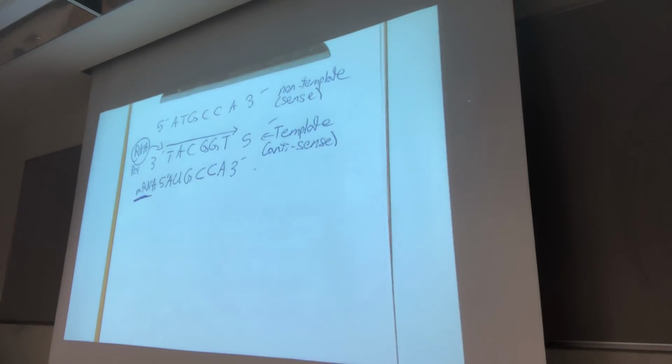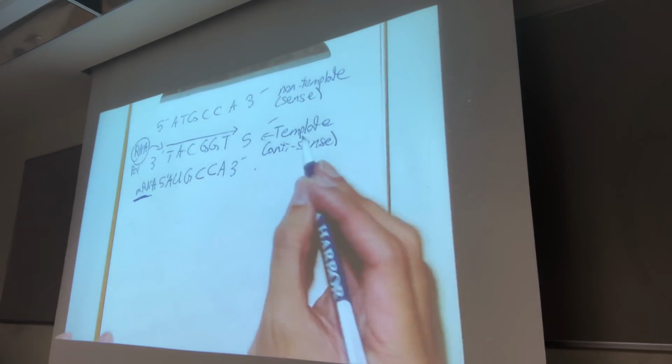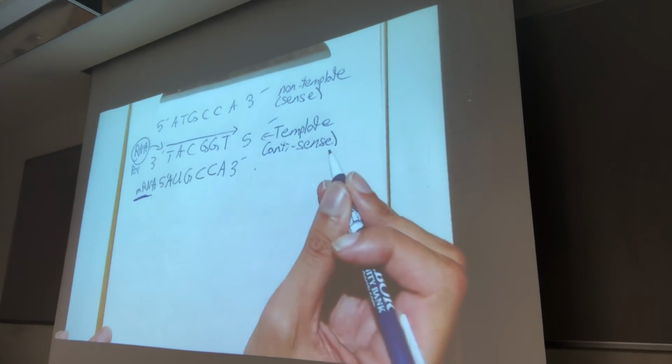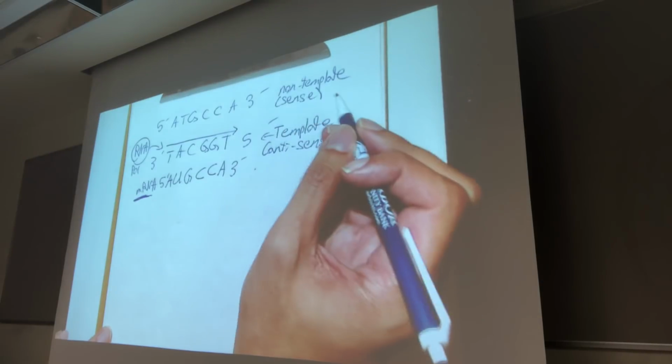So when we use the phrases sense and antisense, we're talking about transcription, because we need to know which one is the strand of DNA being read to be transcribed and which one is being left alone. The template strand is your antisense strand, and the non-template strand is your sense strand. It sounds backwards, but here's the reason why.